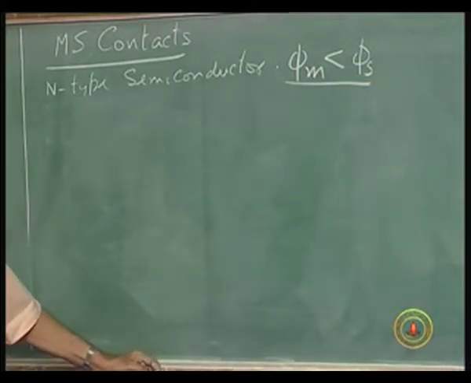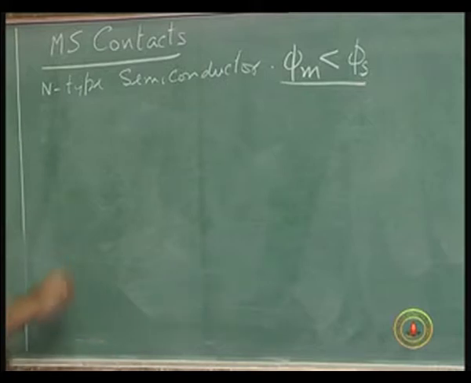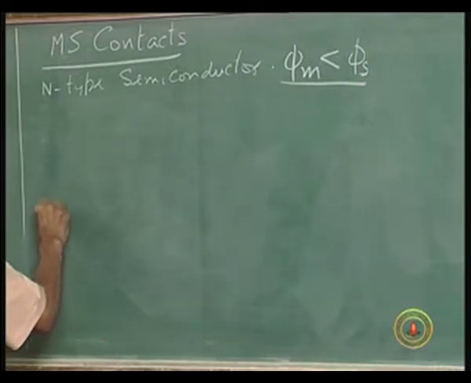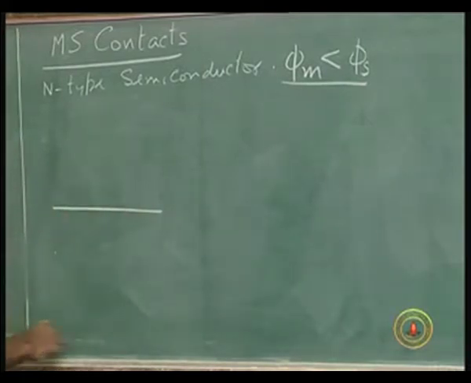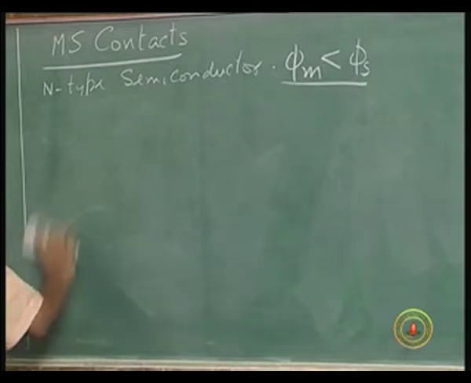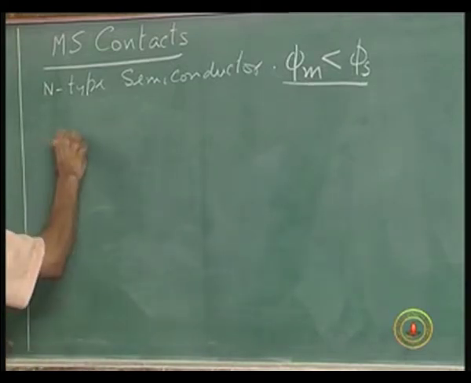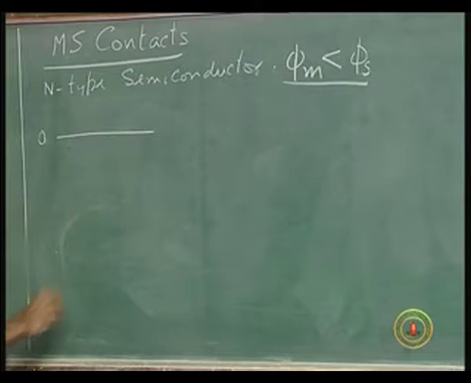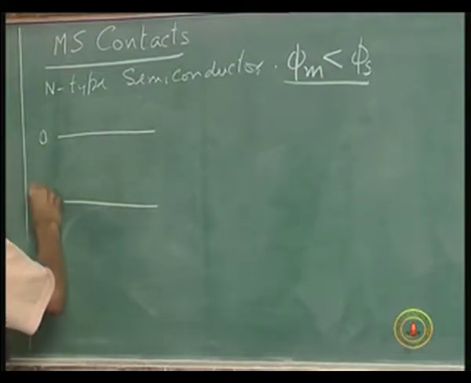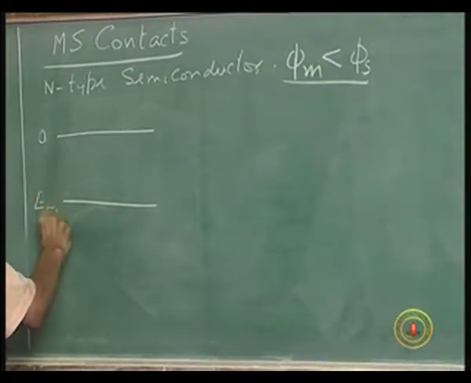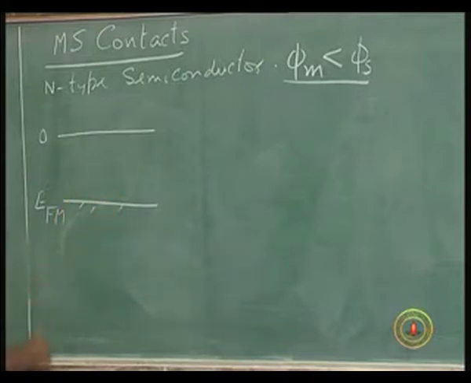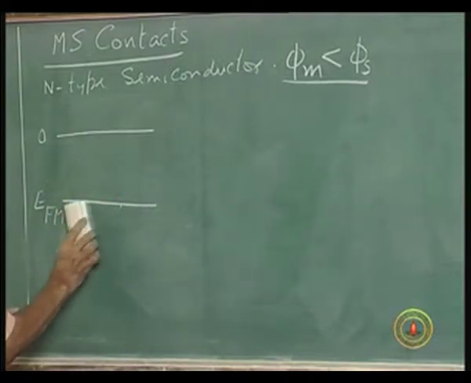Now, you should be able to clearly draw this. I will draw this position somewhere here, because now the phi m is smaller, that means it is closer to this 0 level. Okay? That is the meaning of telling that. E f m, that is the Fermi level.